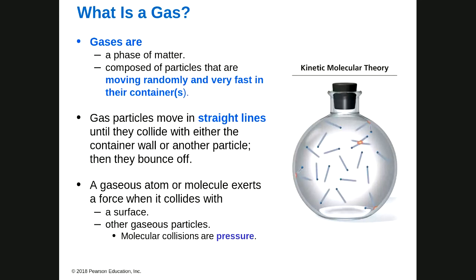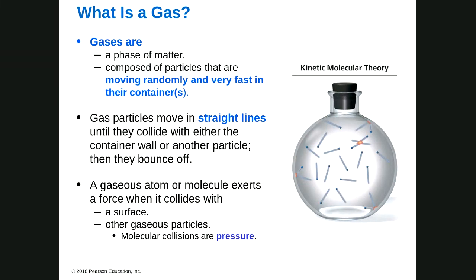So you may remember gases from the very beginning of this semester when we talked about the differences between gases, liquids, and solids, and we talked about the kinetic molecular theory for the first time. Basically this kinetic molecular theory talks about the motion and how these molecules and atoms move. Gases are randomly moving. They're very fast, and they're very separated from each other.